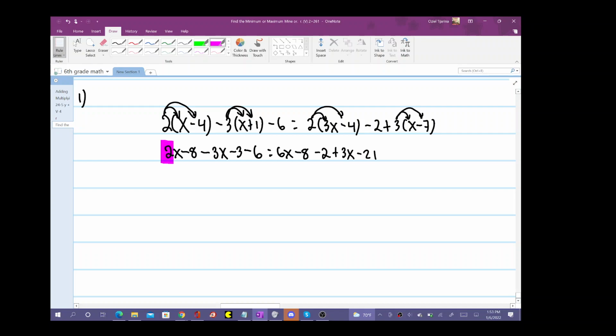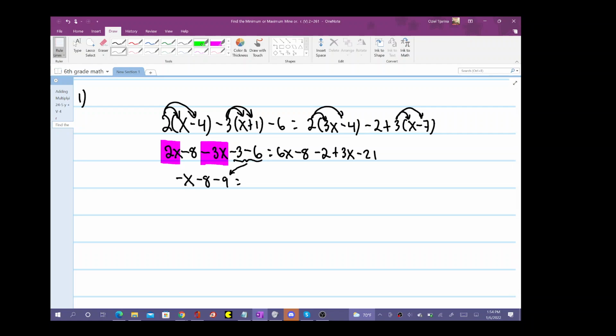We're going to do something called combining like terms. We have a 2x and a negative 3x. So a 2x and a negative 3x, that's negative x. And then we have minus 8. And then minus 3 minus 6, negative 3 minus 6, that's negative 9, right? And this is equal to 6x.